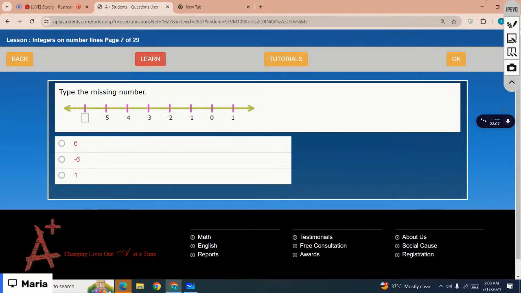Okay, type the missing number. So which number is missing? -6, it is very good. Option number 2 is the correct option.